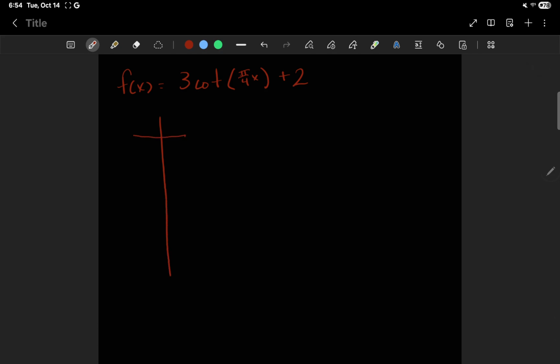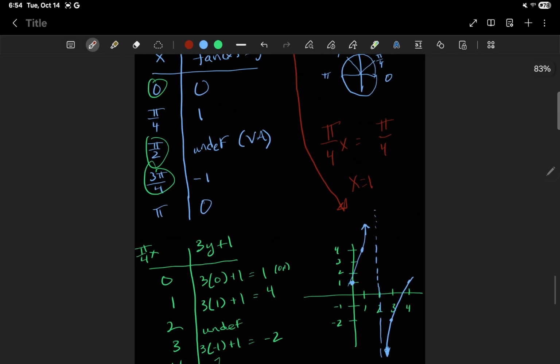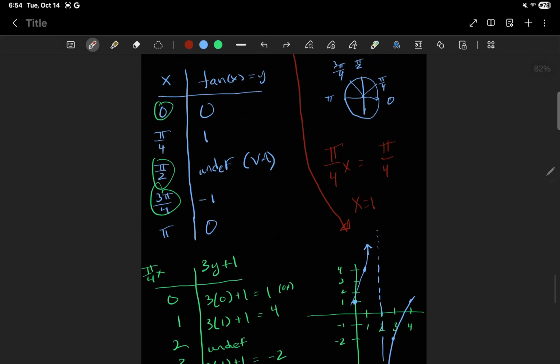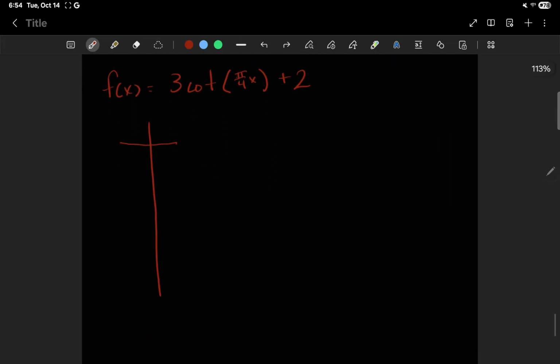Remember, for cotangent and tangent, we're not using the poles, but we're going to be using these angles here, same ones as tangent. So we're going to use 0, pi over 4, pi over 2, 3 pi over 4, and pi. This is x, this is cotangent of x.